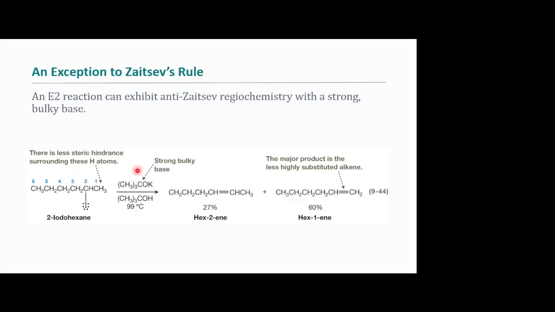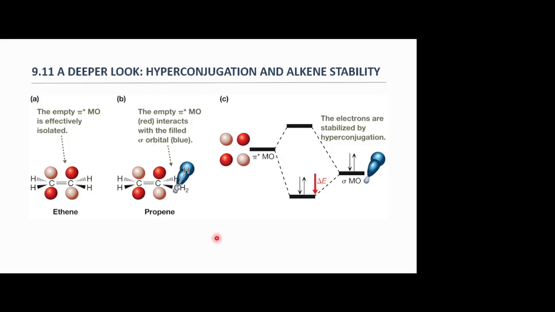And so if you use a strong bulky base, you can actually flip Zaitsev's rule. Okay? And this is, again, because it's going to cause more repulsion when it's trying to come in to attack that hydrogen, the more substituted you are, right? And so this is actually the anti-Zaitsev product. It's produced by bulky bases. And so this one is it right here.